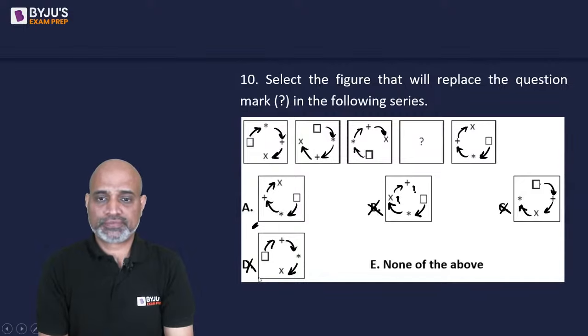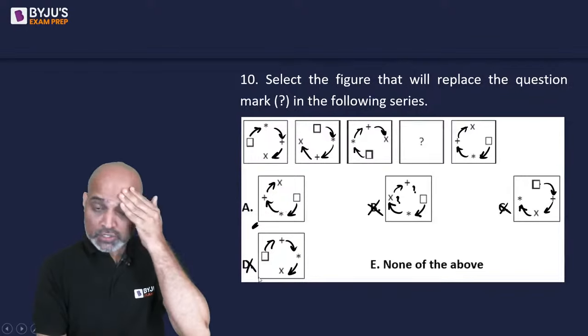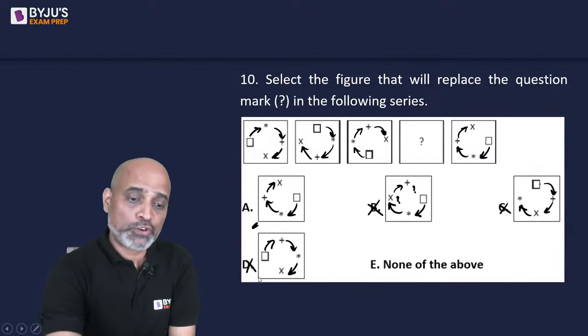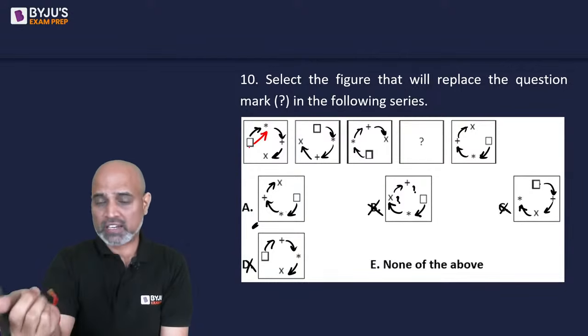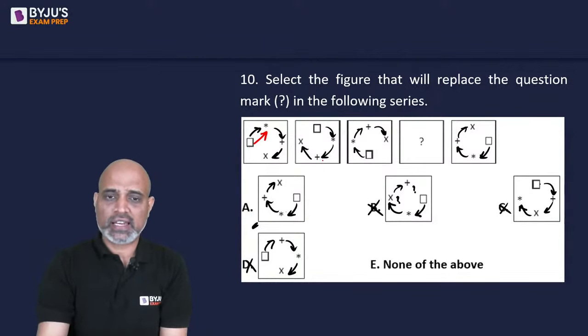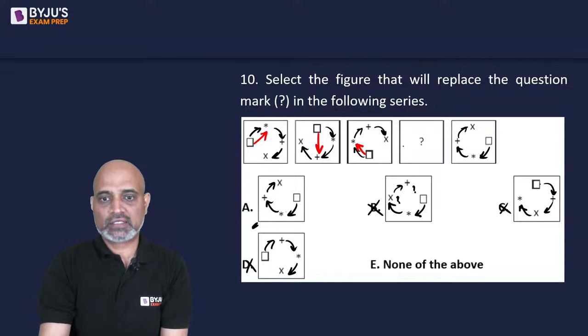दो तरीके हैं इसको समझने के. If you go from one figure to the other one, so square moves one place, and then it moves diagonally. Then it should move one place, and then it should move diagonally.